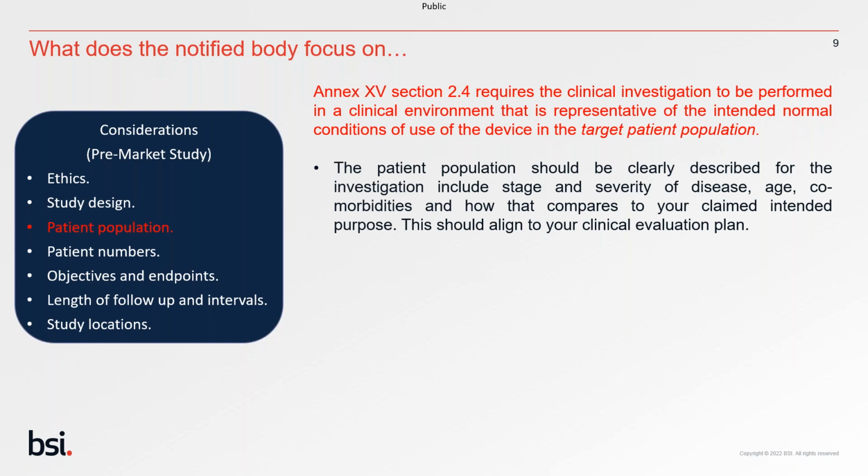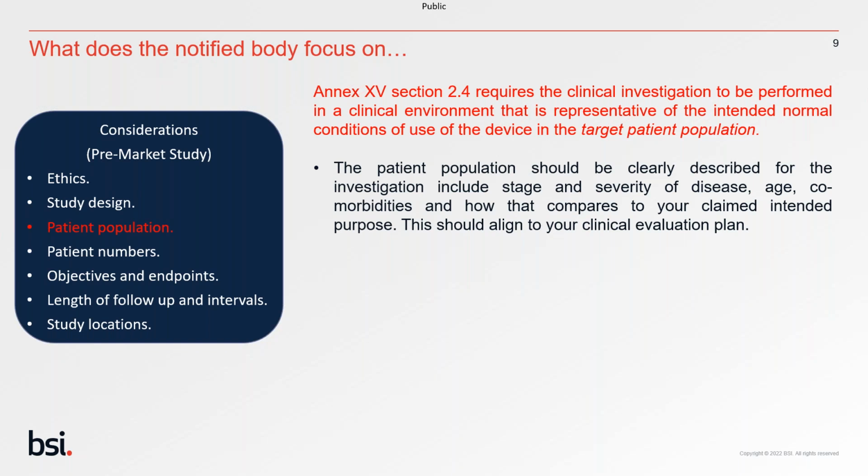So the patient population should be clearly described for the investigation, and it should be defined in terms of the stage and severity of the disease, considering the age of those people, particularly age ranges and where the mean age may exist within that patient population. Also think about whether any comorbidities were included within the study design, and how that compares to your claimed intended purpose.